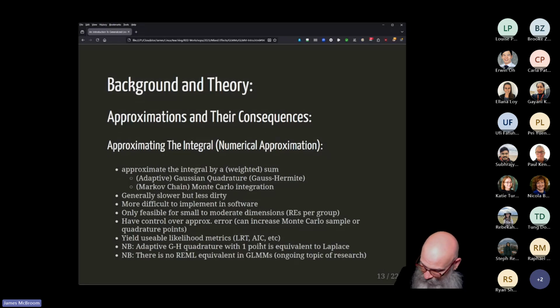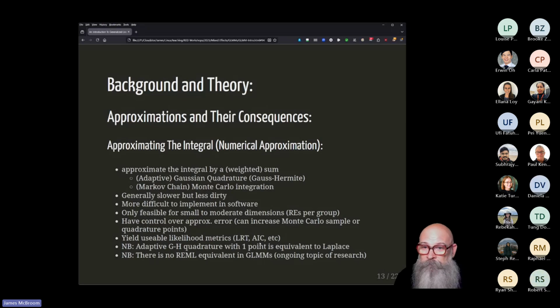At this point in time, this has been an ongoing issue in GLMMs for a long time. This may not mean anything to you guys, but if you remember the workshop I gave 2 weeks ago on linear mixed effects, I spent a little bit of time talking about something called the residual or restricted maximum likelihood estimates, REML. At this point in time, it's still an open question in statistical research.